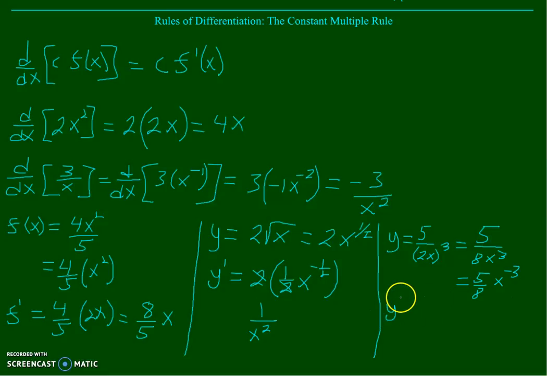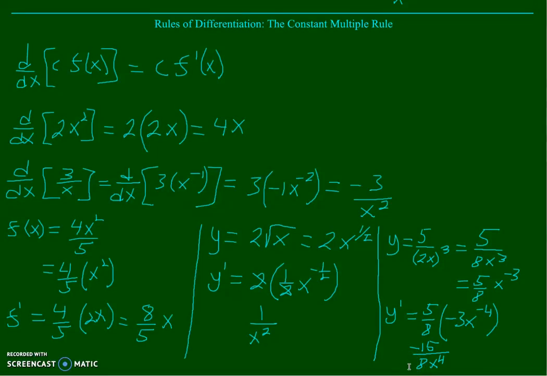So now y prime is going to be, pull out the constant, 5/8, pull down the exponent, negative 3x, subtract 1, negative 4, which gives us, finally, negative 3 times 5 is negative 15 over 8x to the fourth. And that's our final result.